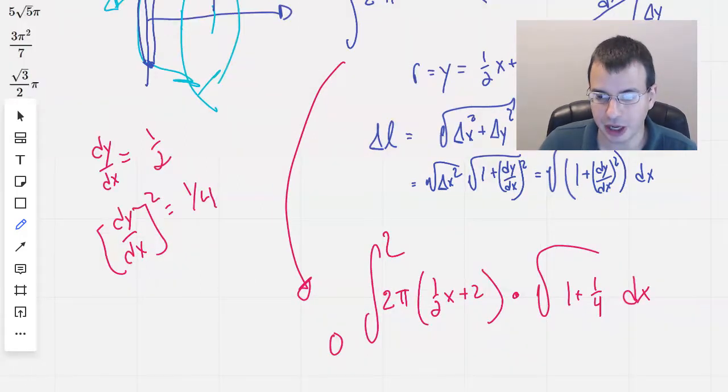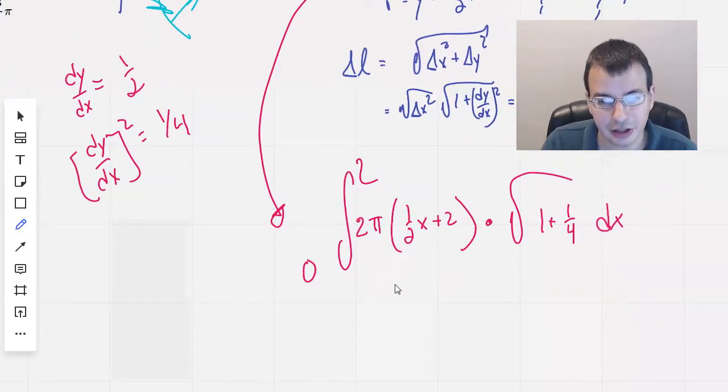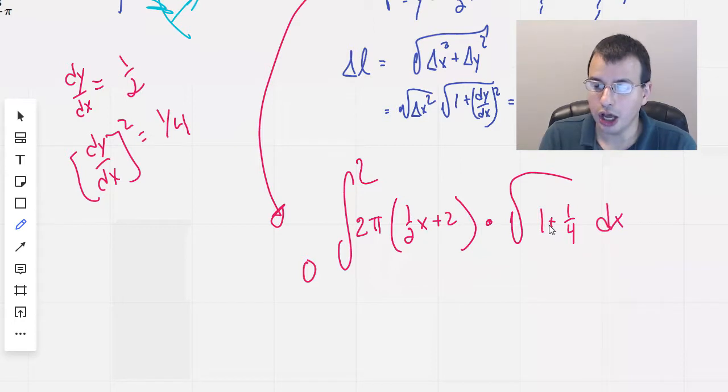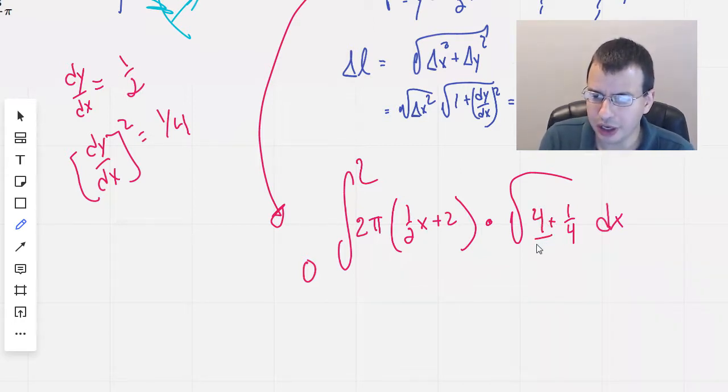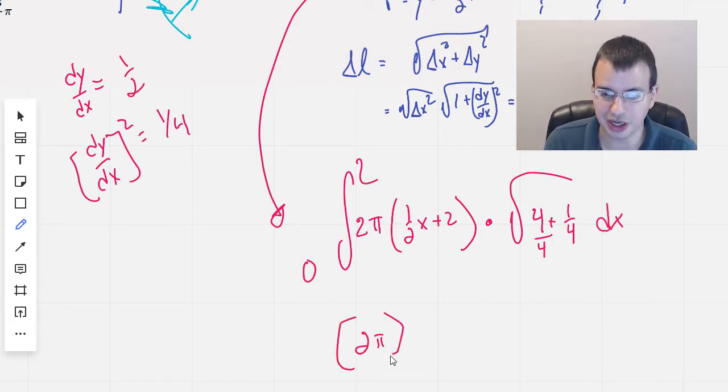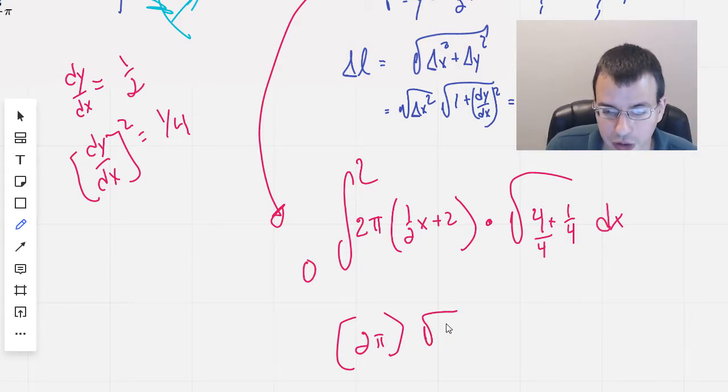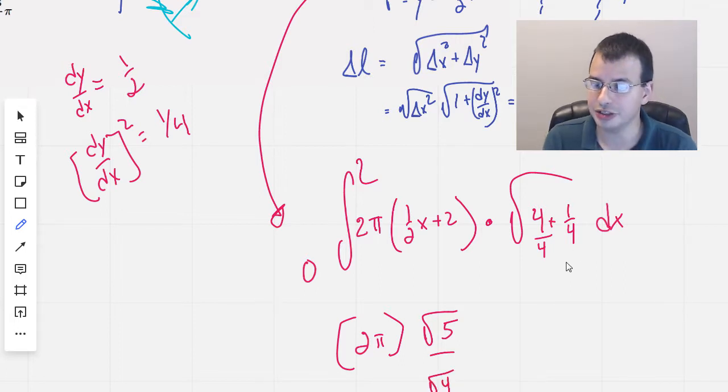Okay? So now we'll simplify things. I can rewrite 1 as 4 over 4. So we have 2 pi over here. I'm just trying to get all the constants off to one side. So we'll have square root of 5 over square root of 4, because the denominator stays 4.